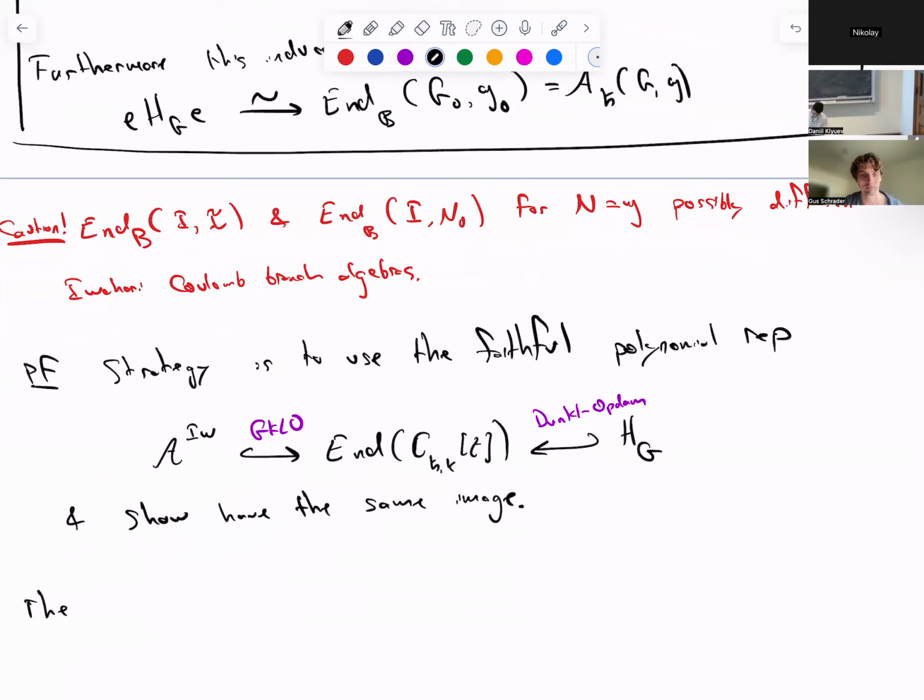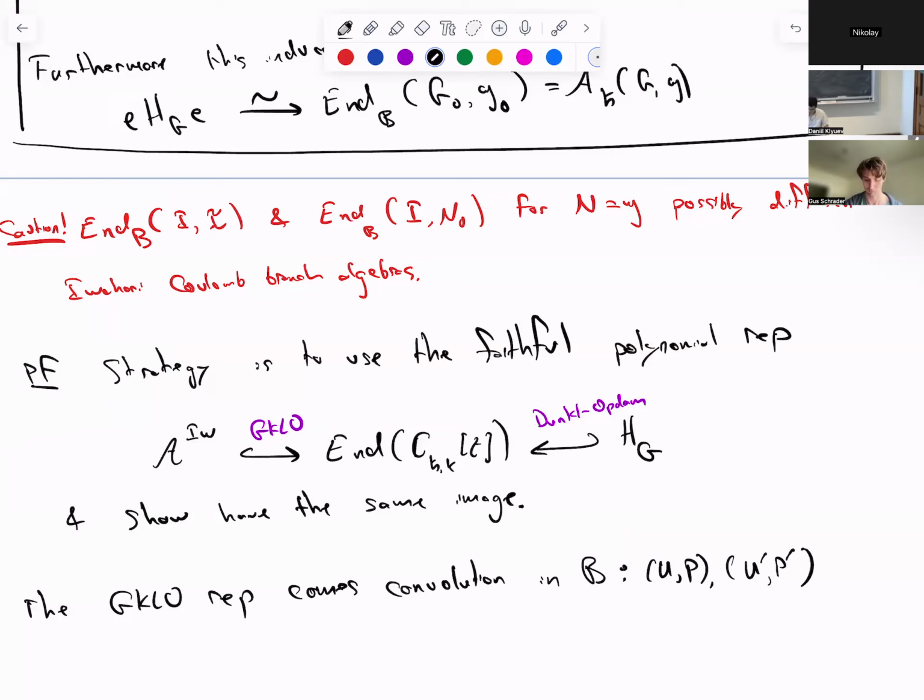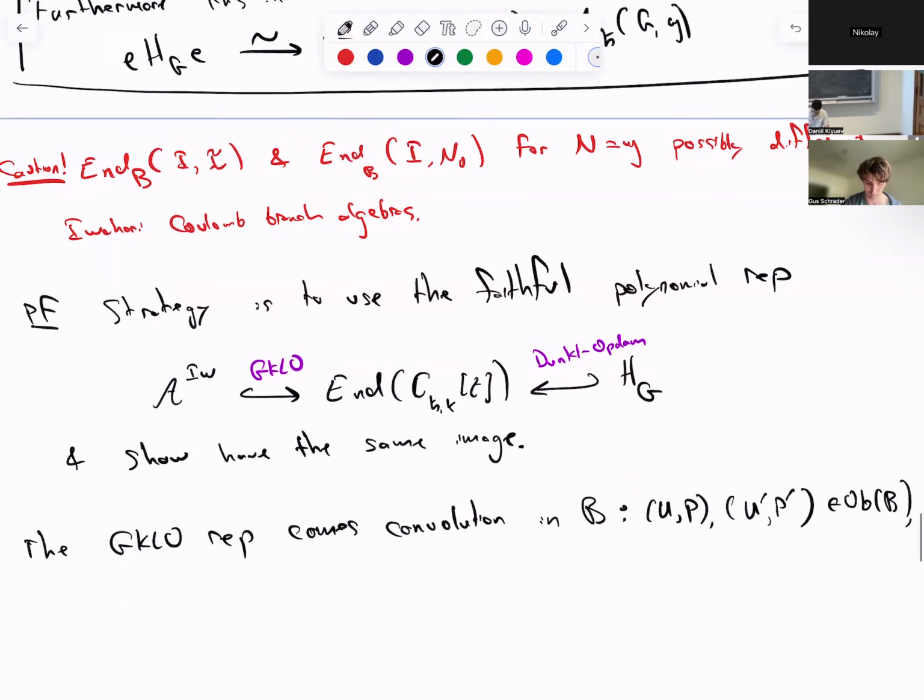So the GKLO rep comes as part of this larger framework, which Webster works with in this category B. So given a pair of objects U, P and U prime, P prime, so it's lattice, paraphoric, convolution gives us a map as follows.